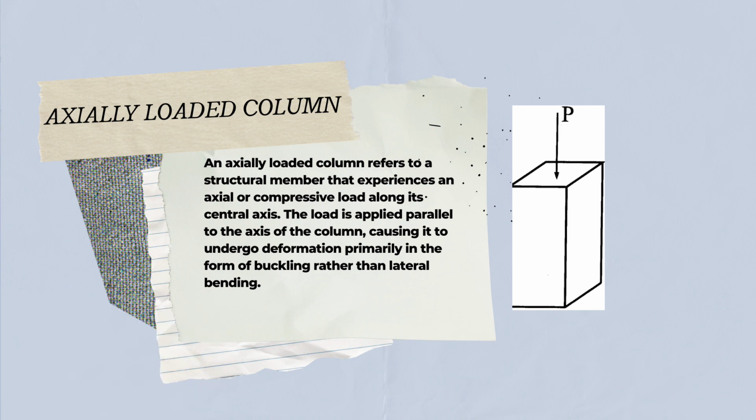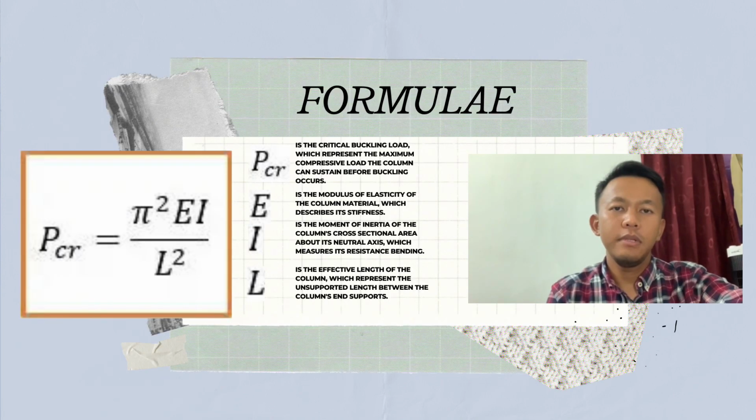Thank you. Okay, I will explain about the formula. The formula is PCR equals pi squared EI divided by L squared. PCR means the critical buckling load, which represents the maximum compressive load the column can sustain before buckling occurs.